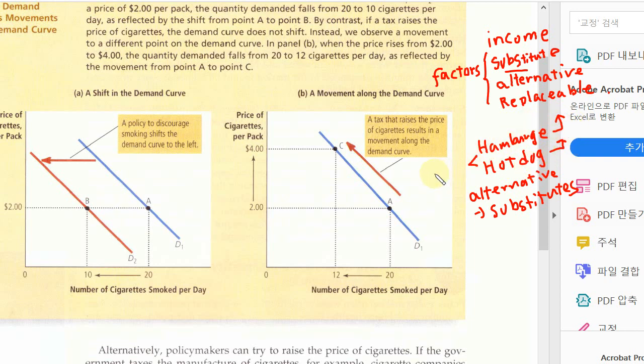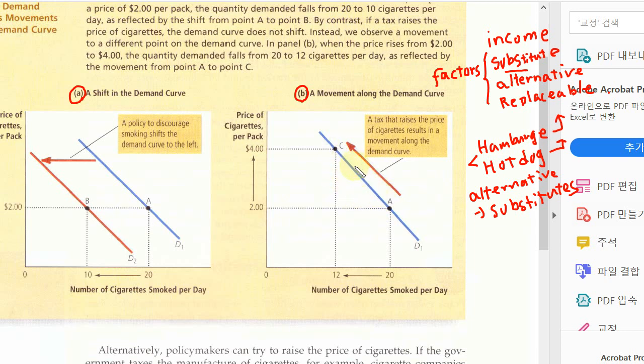So this is the influence factor which is not notified in the graph. In this case, number B is only adopted once the price of that product is moving. The demand will move along the curve.